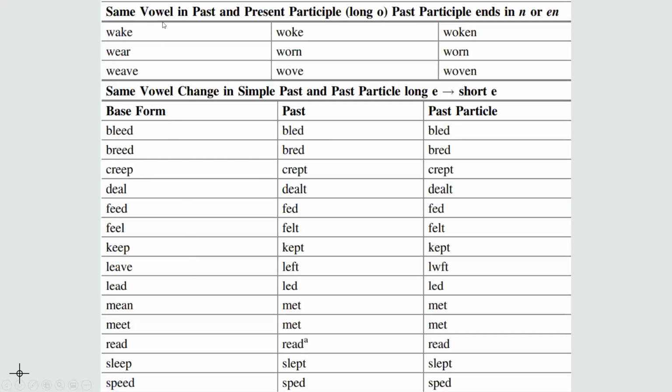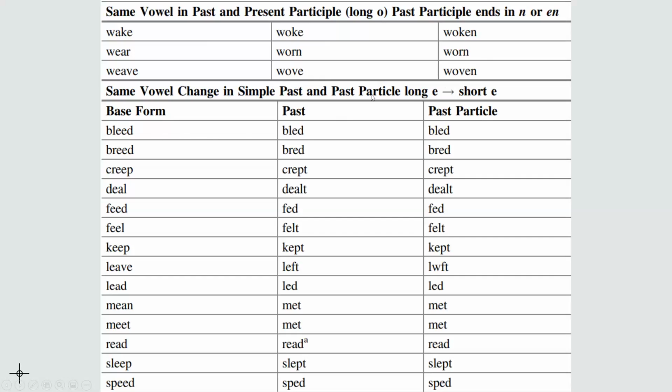Here in this group, the same vowel in past and past participle, long O. For example, wake, woke, woken. Wear, wore, worn. Weave, wove, woven.